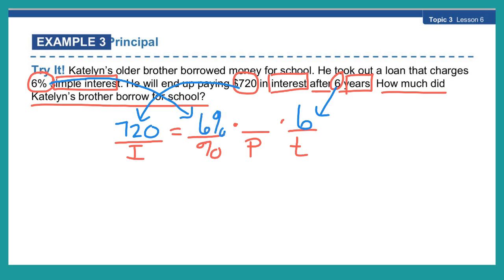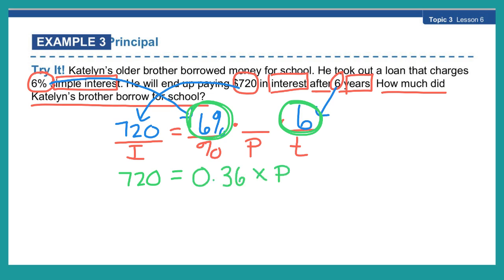Okay, so let me clean this up a little bit. I have 720 on the left, an equal sign in the middle. If I were to take 6% times 6, that would give me 0.36, and remember, I don't know the principal. All right, this looks very much like something we can deal with.